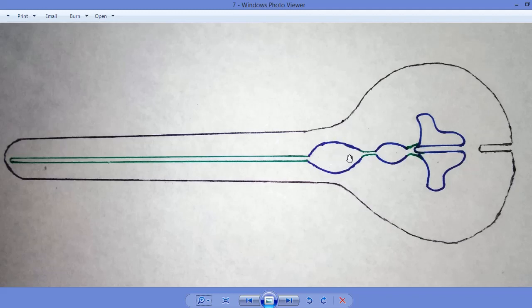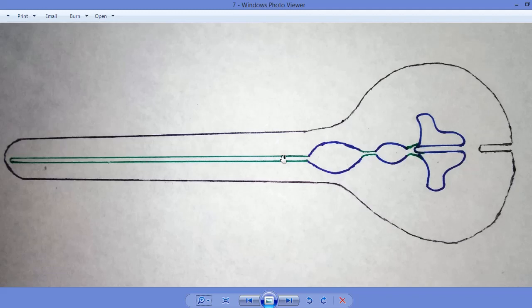This portion of the fourth ventricle exists in the dorsal part of the brain stem.